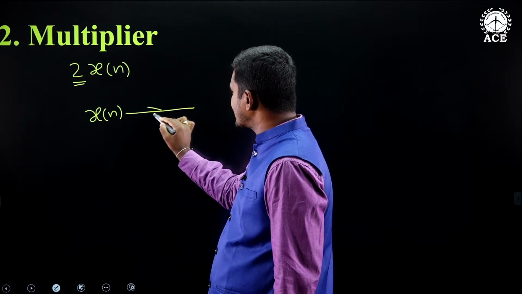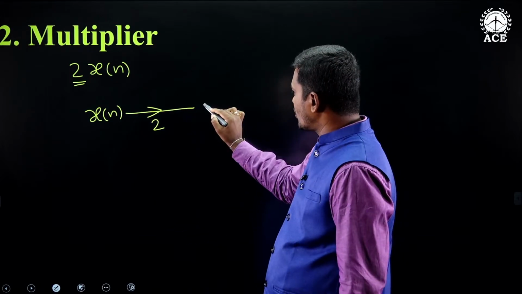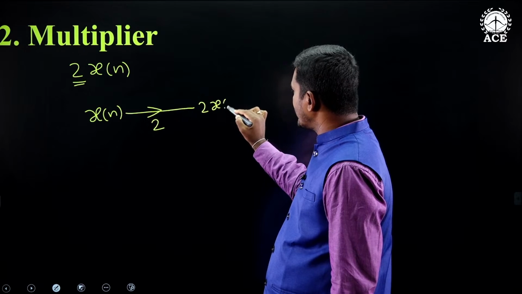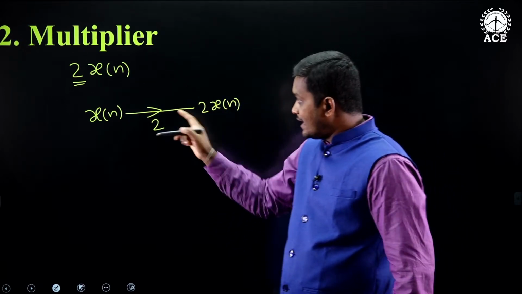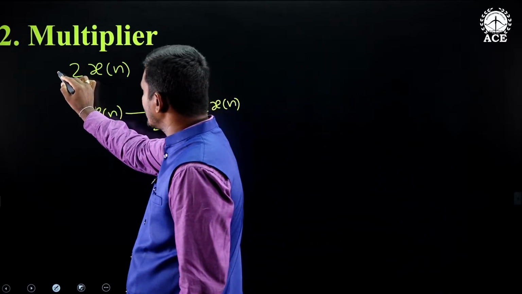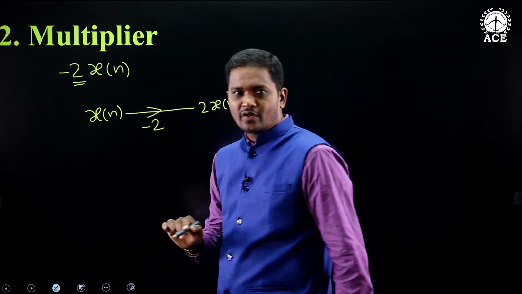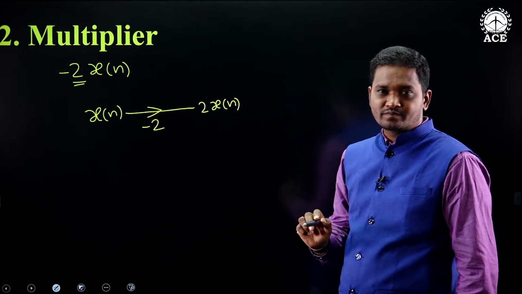Draw a line like this and put an arrow, and the multiplication factor is 2. So you are going to get the output as 2 into x of n. Like this, you can apply the multiplication operation. If a negative is also there, suppose minus 2 is there, you write minus 2 here. Like this, you can realize this multiplication.